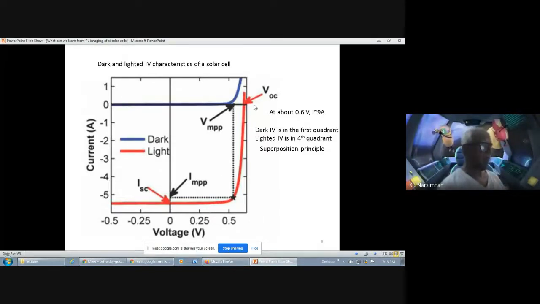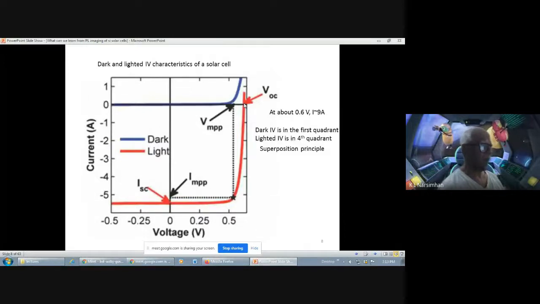And then the other term is the open circuit voltage. The open circuit voltage is when you apply forward bias, when you apply positive bias, there is, of course, this current being generated by the light all the time, and let us assume this is constant. But then you also add this component of current. So when you add the 2, then at some voltage, this will cross the axis, and this is where the current will go to 0, and this is the open circuit voltage.